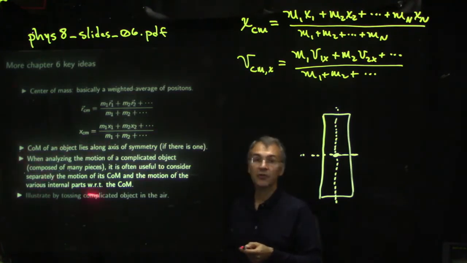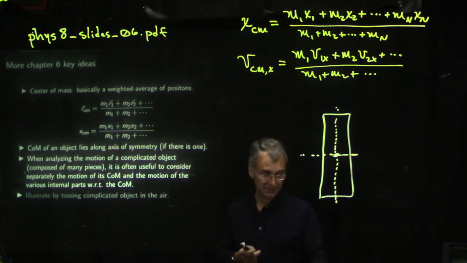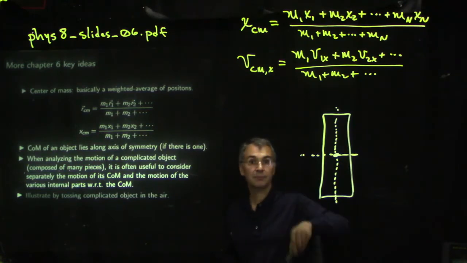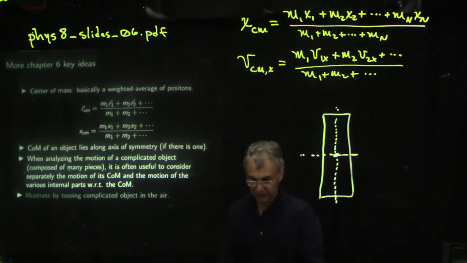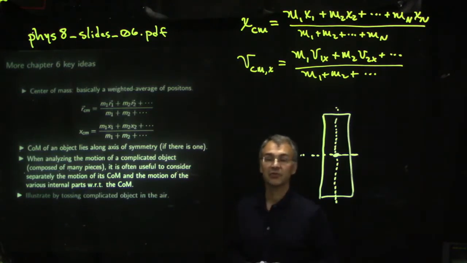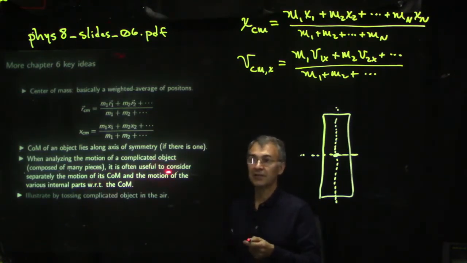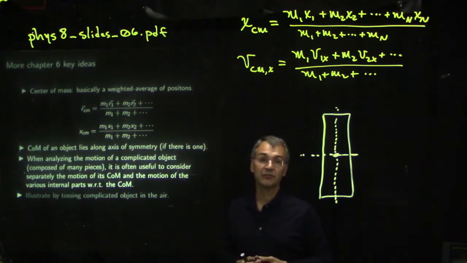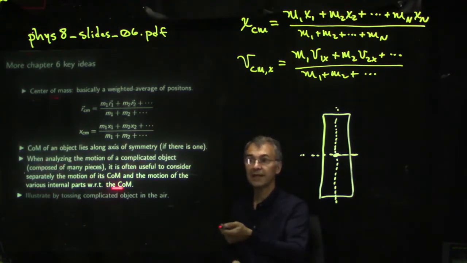And then it turns out in physics that if you want to analyze the motion of a complicated object, an object composed of many pieces, like this dry erase marker or this remote control, it's often useful to consider separately the motion of the center of mass and the motion of the various internal parts with respect to the center of mass. And we'll see once we get to chapter 8 why that is useful.